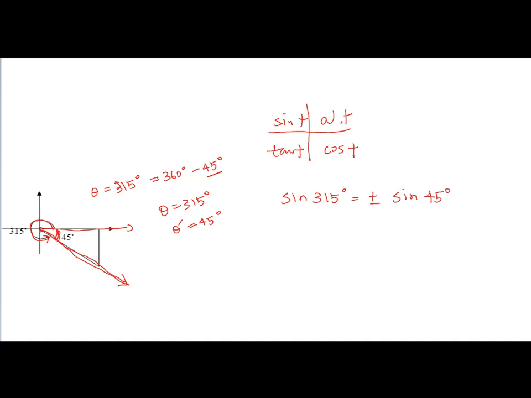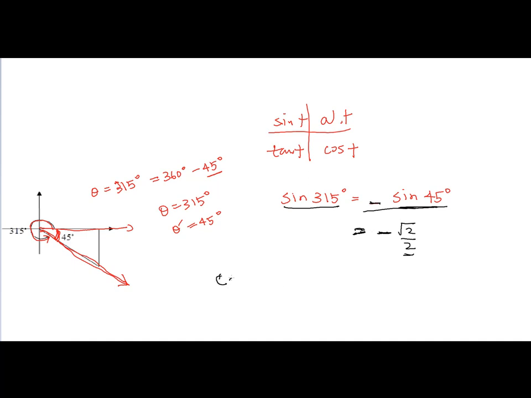So I will drop the plus sign. So sine 315 is the same as negative sine 45, and sine 45 is square root 2 over 2. So we keep this negative. So sine 315 is equal to negative sine of the reference angle 45, which is equal to negative square root 2 over 2.